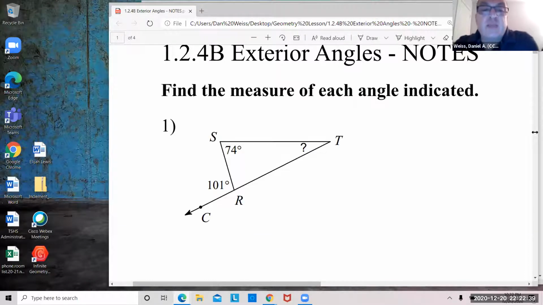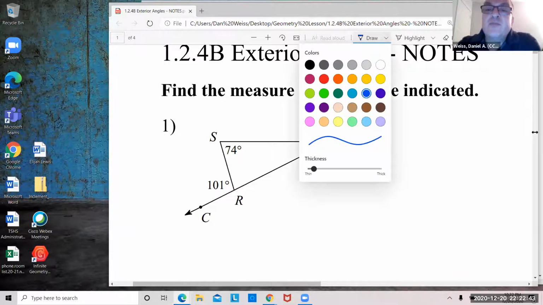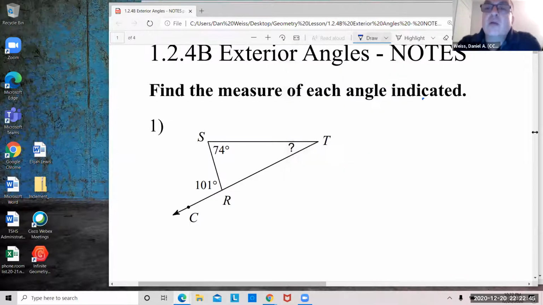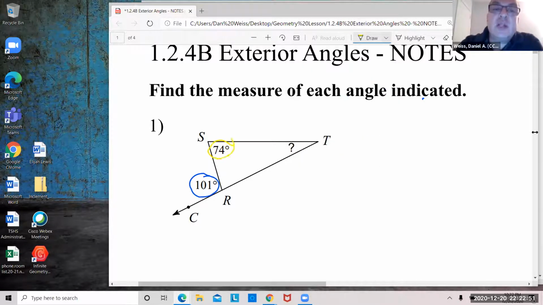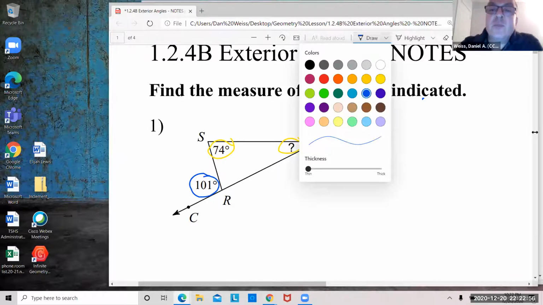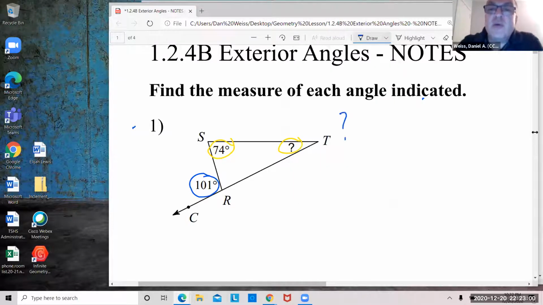Exterior angles, remember? In this one, this guy equals this one plus this one. So we do question mark plus 74 equals 101, minus 74 from both sides.